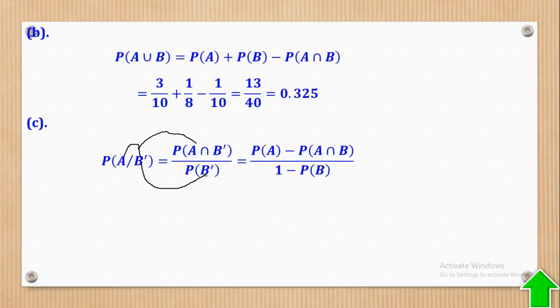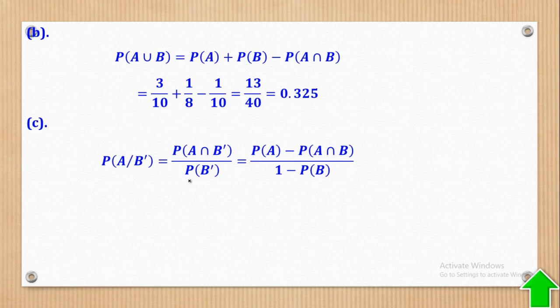That's why you see here B complement, because here B complement has already occurred. Then from set theory, I think we remember that probability of A intersection B complement is equal to probability of A minus probability of A intersection B. So this was already covered in the first video, that is video 1. So it is better you go through it before you go to this video.